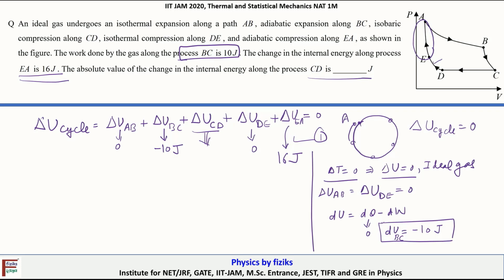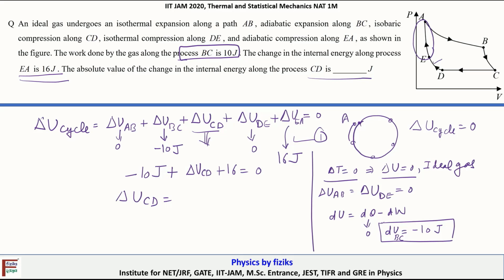So delta U cycle equals 0. This means 0 minus 10 J plus delta U CD plus 16 is equal to 0. So delta U along path CD is equal to 16 minus 10, which will give you 6 joule.